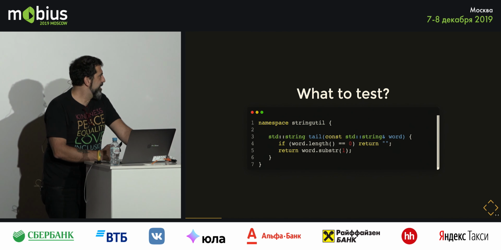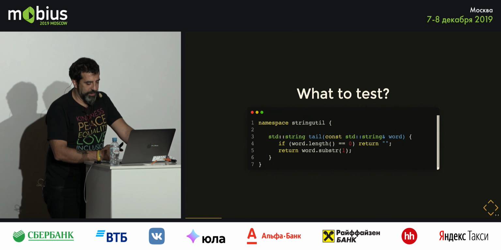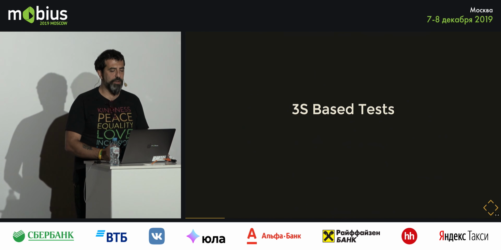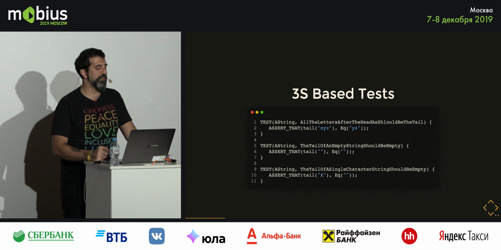For instance, what do you want to test here? This is a very simple function that returns you the tail of a string. Here you should at least test for three things.